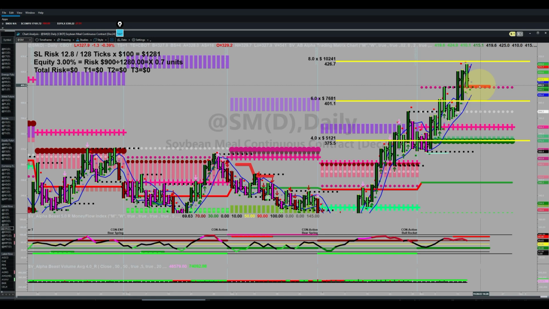So automatically, when you see heavy resistance or strong resistance, you take your stop loss and you put it under the low right here in case the price comes back, and it'll get you out. That's what I would do. So hang tight. Let's see what it does in a couple days.